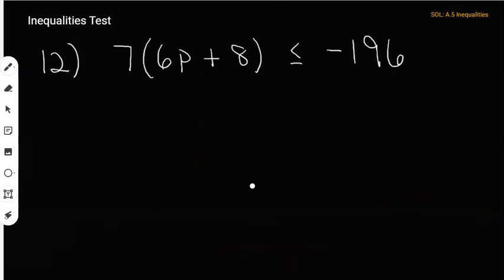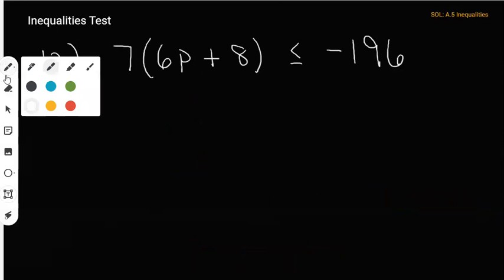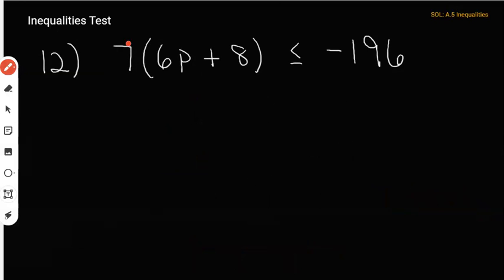Now, there's two things that I can do. The first thing that I could do is I could take that 7 and multiply it by everything on the inside. So I would have to multiply the 7 by the 6p, and I would have to multiply it by the 8. And that's called the distributive property. You can do it that way and get the right answer.